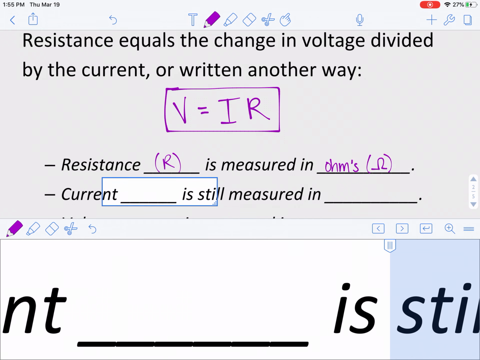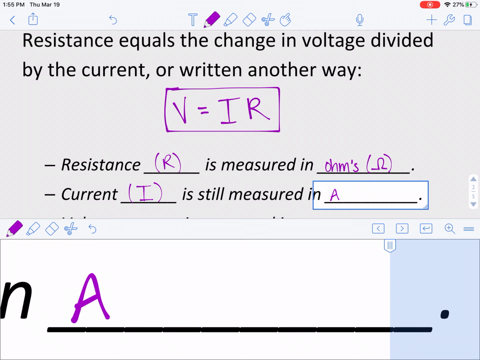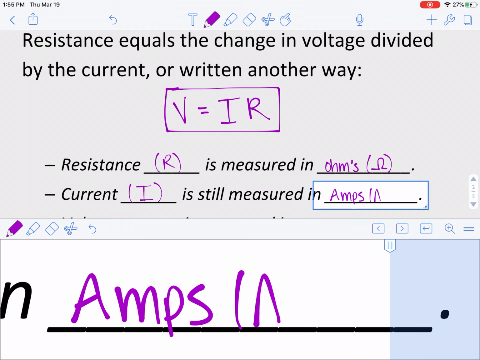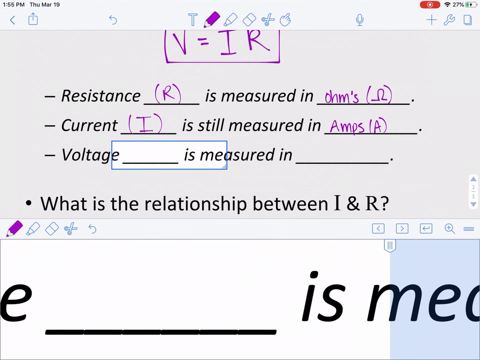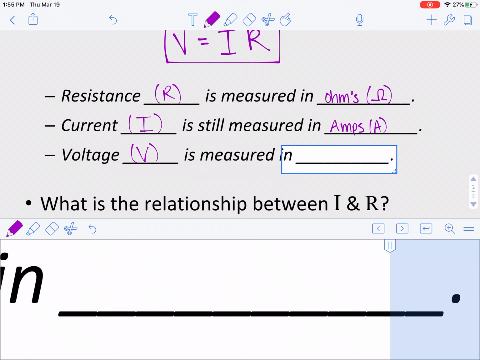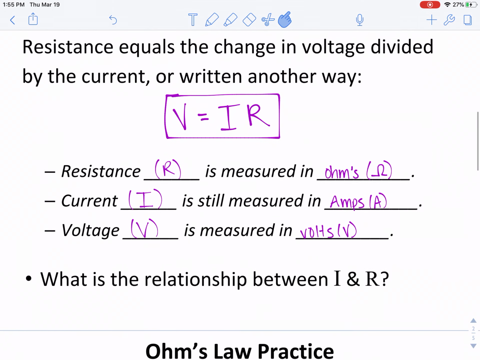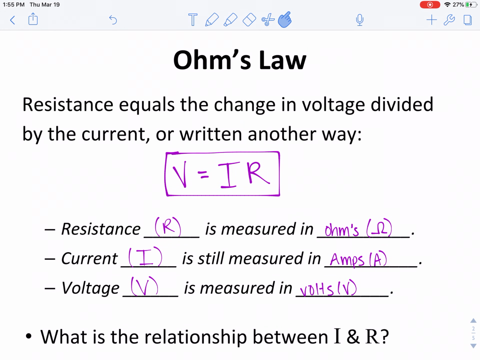Current, not as intuitive, is represented by the variable capital I, and is still measured in amps, which we abbreviate as A. Voltage, V, is measured in volts, abbreviated by capital V. It's really important, if you can't keep these variables straight, flashcards are a great resource to use, but you need to know resistance is R, current is I, and voltage is V.